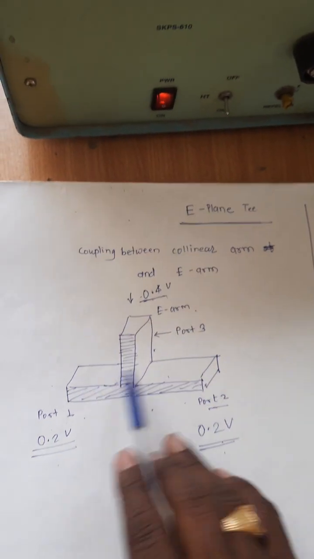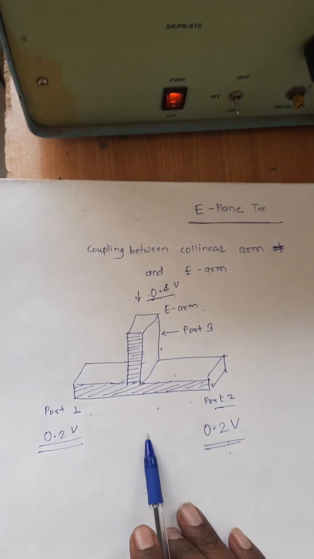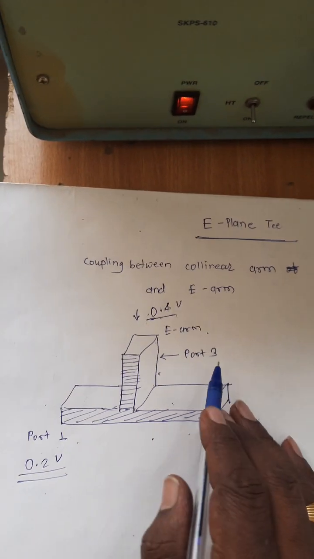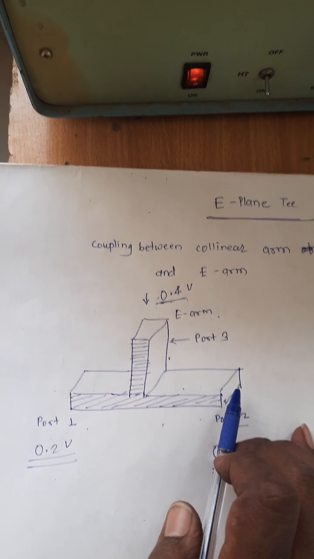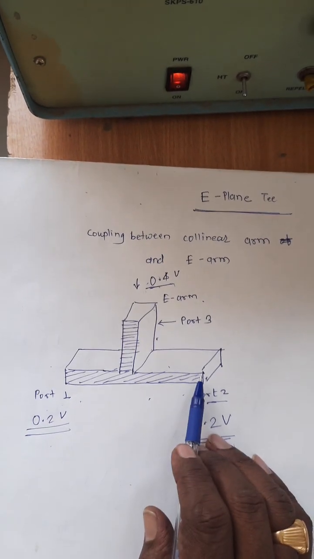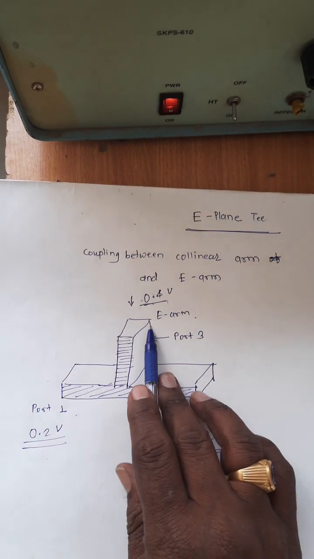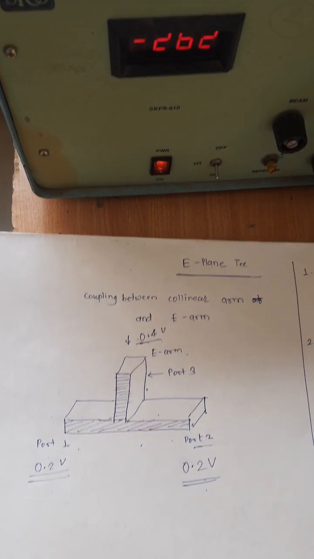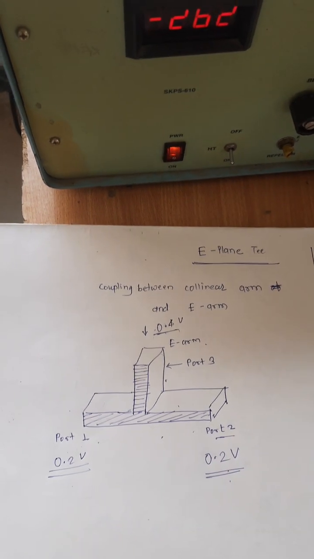These outputs are equal in magnitude but opposite in phase. If we apply input of equal magnitude to port 1 and port 2, we get a subtractive output at the E arm. It is nothing but the subtractive principle.